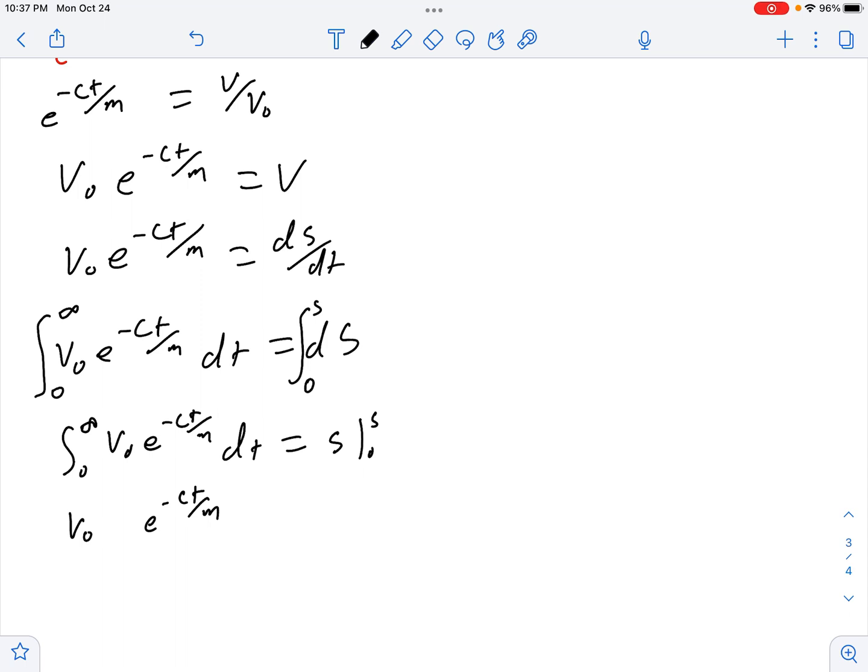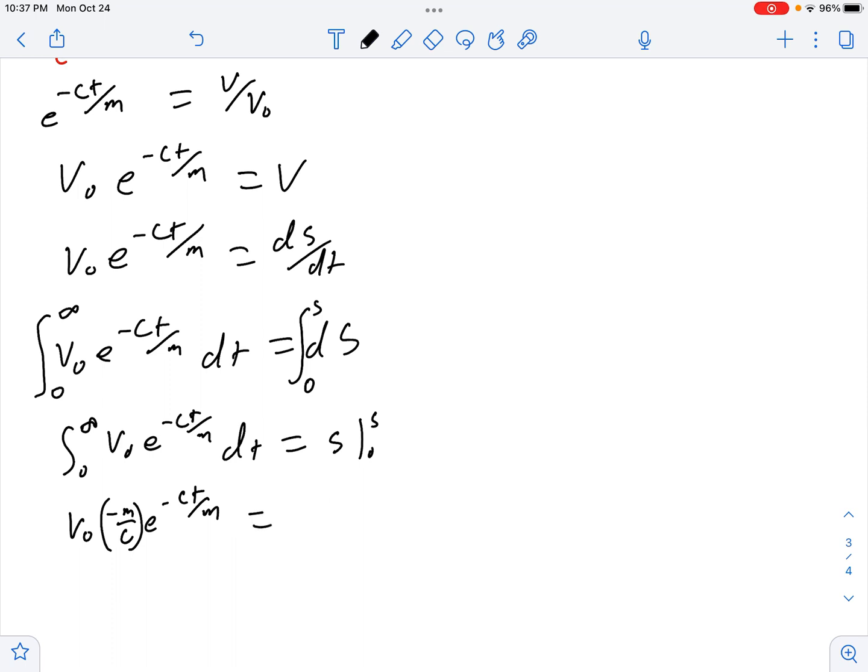If we took the derivative of e to the 2x, we'd have e to the 2x times 2. It's kind of like when we integrate x squared to get x to the third over 3, we have to account for that extra coefficient based upon what the exponent is raised to. So the derivative of ct over m with respect to t would be negative c over m. That means we need negative m over c as a coefficient.